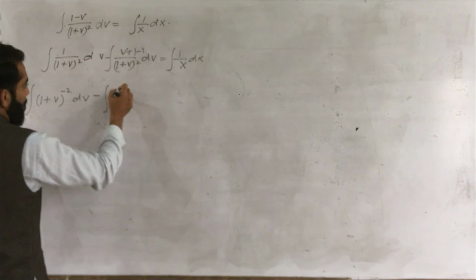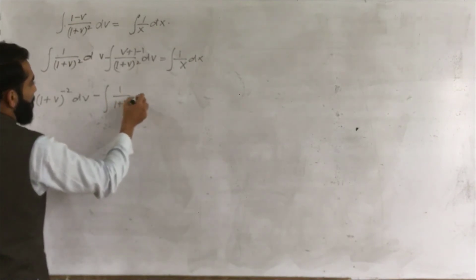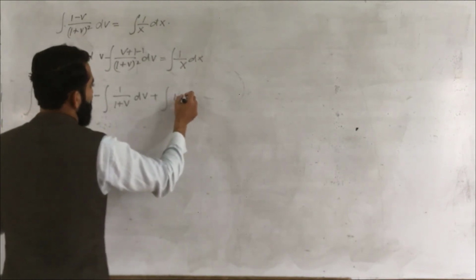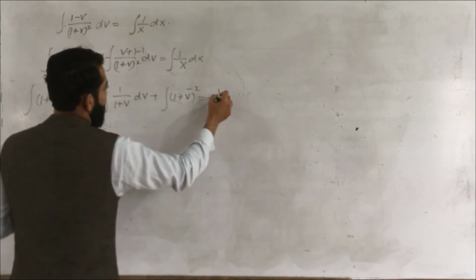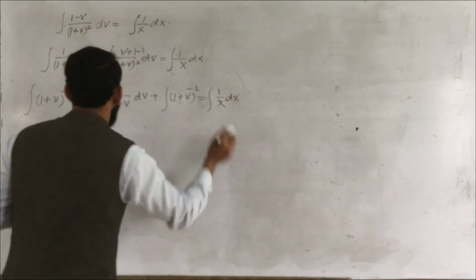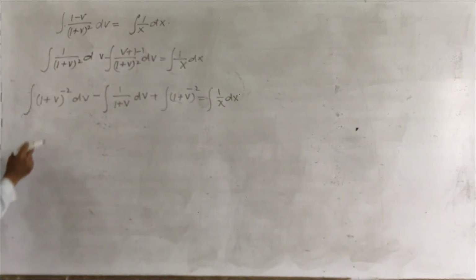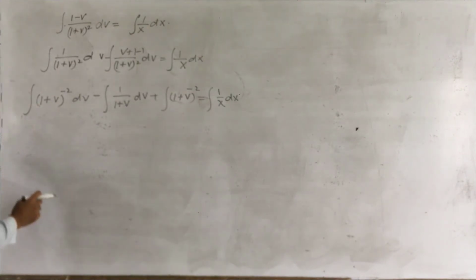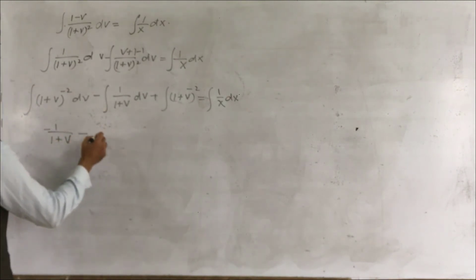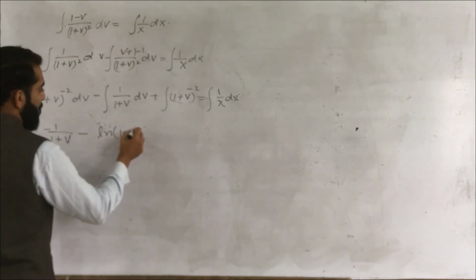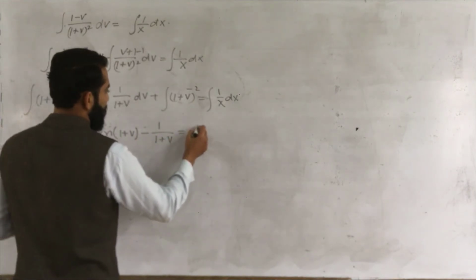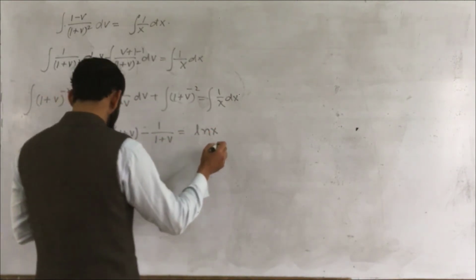We get integration of 1 over (1 plus v) plus integration of (1 plus v) to the power minus 2 is equal to minus integration of 1 over x dx. The integration of (1 plus v) raised to power minus 2 is minus 1 over (1 plus v). So minus natural log of (1 plus v) minus 1 over (1 plus v) is equal to natural log of x plus c.